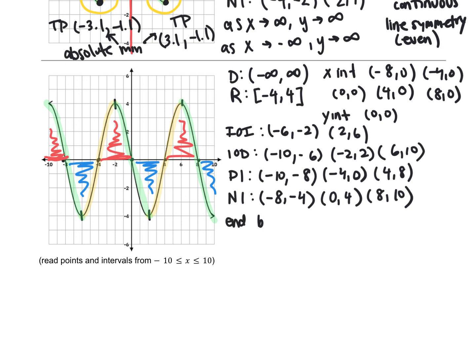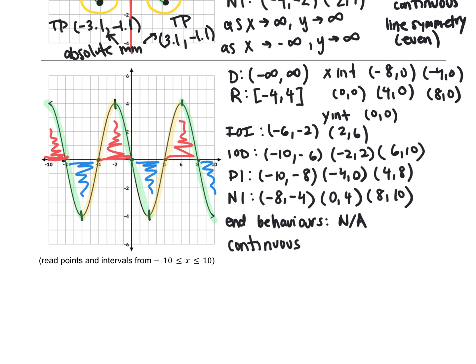So I will just write end behaviors: not applicable, it's oscillating. Next, we can go on to our continuity. This function is continuous. Once again, there are no breaks or holes or asymptotes for this function.